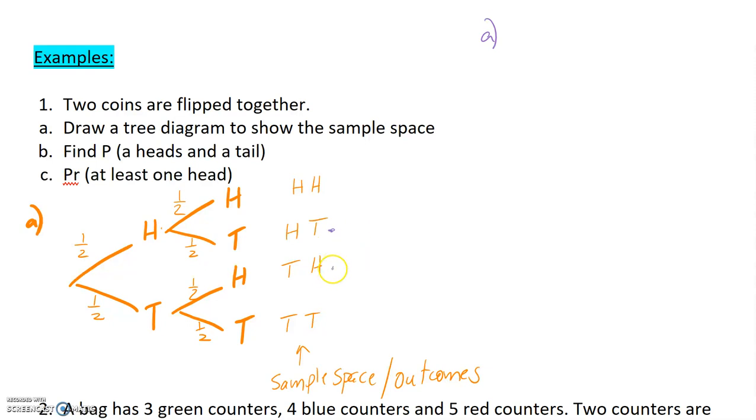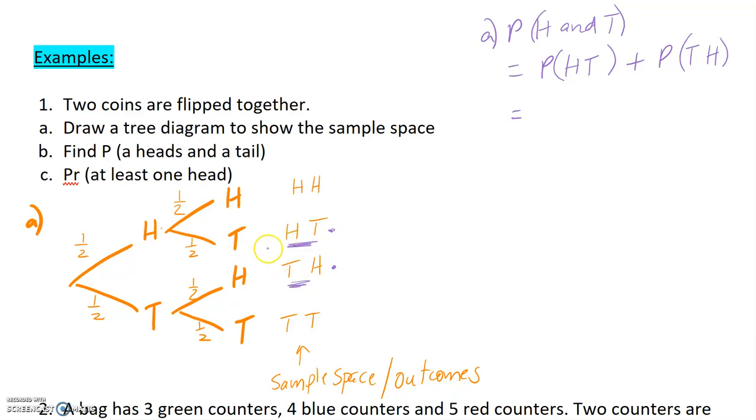So a heads and a tail, a heads and a tail. There are 2 of them. One is the probability of getting a heads and a tail. The other one is the probability of getting a tail and a heads. Now remember what I said earlier, when you have to find the probability of each outcome, you go back to your tree diagram and multiply your probabilities together.